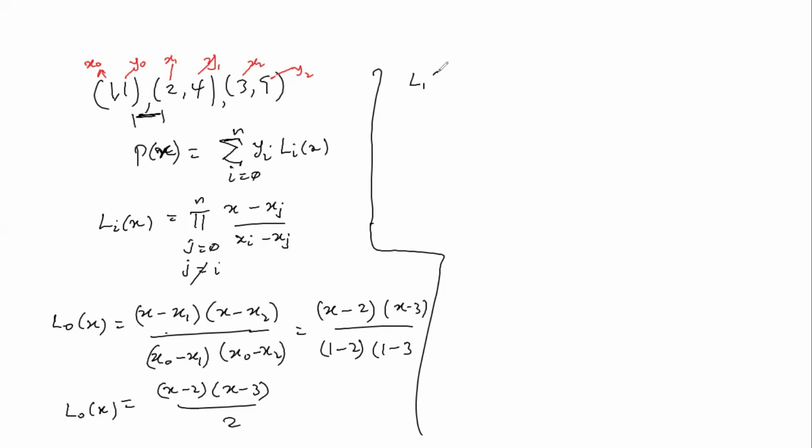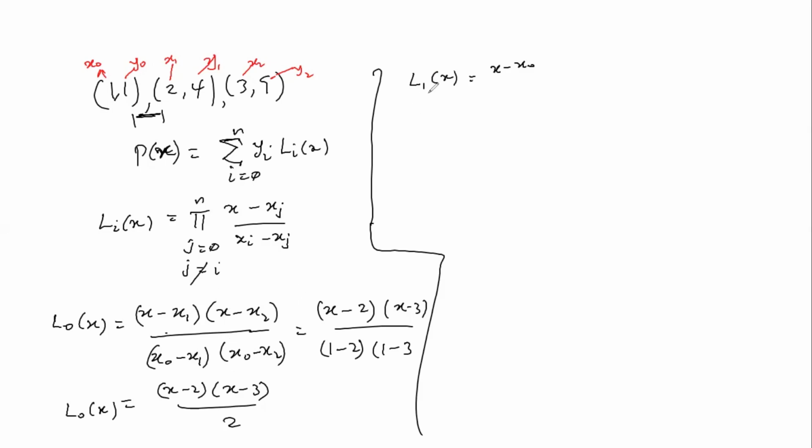And then L sub 1 of x will be the same as x minus x naught, because here, when we considered x naught, you observe that we excluded x naught because this is the same as x minus x j, for which j is not the same as i, because j cannot be 0 when i is 0. Okay? And then we had this.